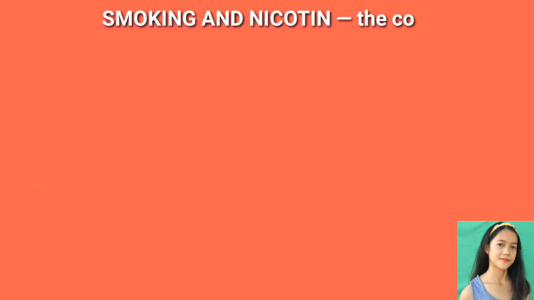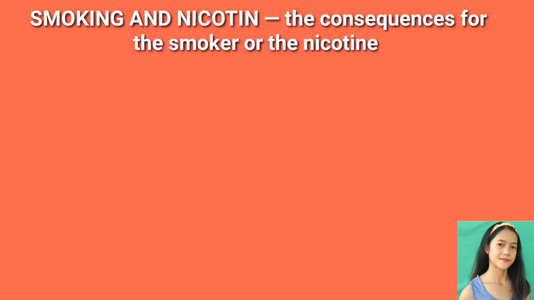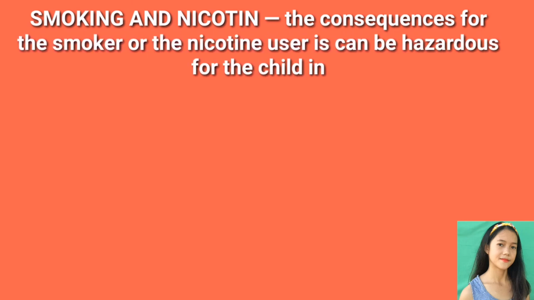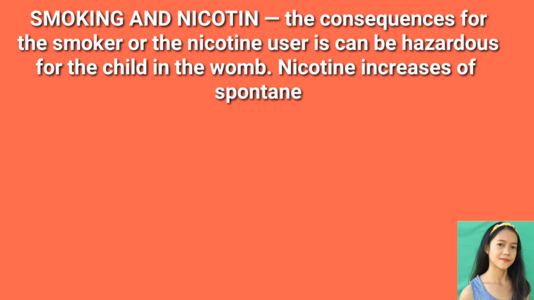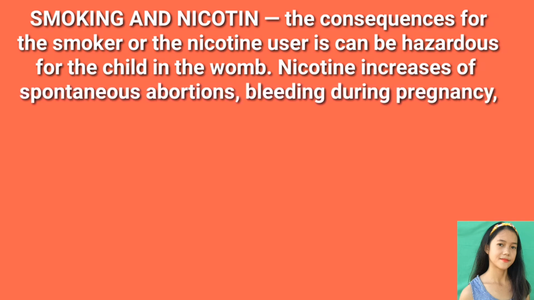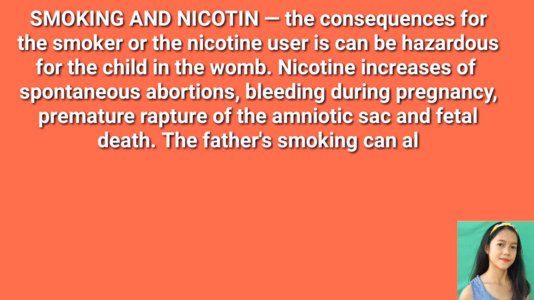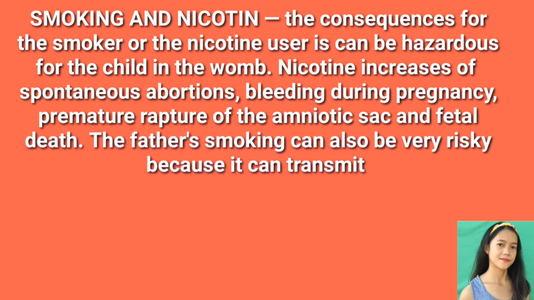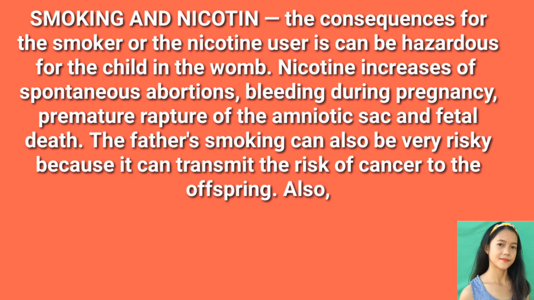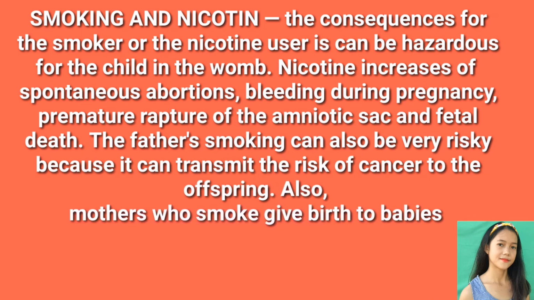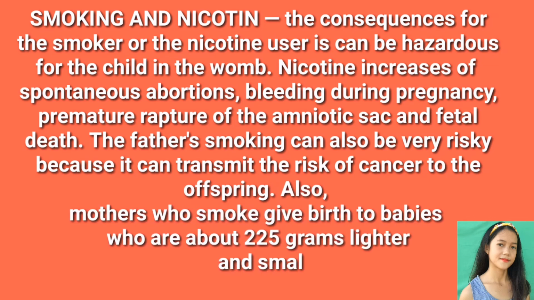Next is smoking and nicotine. The consequences for the smoker or the nicotine user can be hazardous for the child in the womb. Nicotine increases spontaneous abortions, bleeding during pregnancy, premature rupture of the amniotic sac, and fetal death.